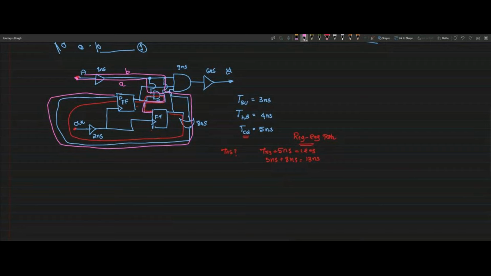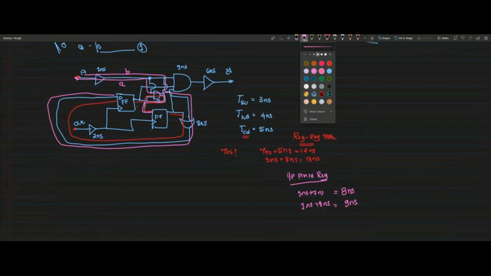Input pin to reg path, 1 nanosecond plus 7 nanosecond, path A. Another path B, 1 nanosecond plus 8 nanosecond. So this is 8 nanosecond, another is 9 nanosecond. This is another type of timing path.